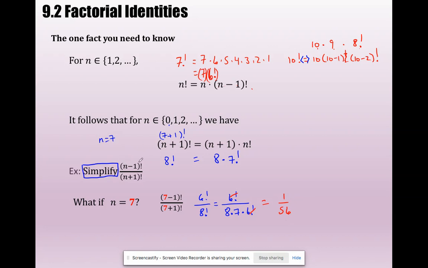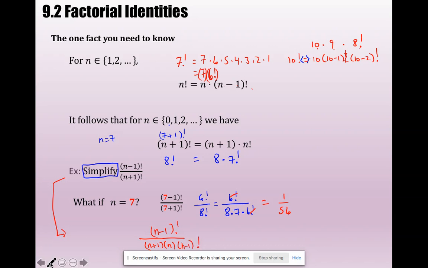So how does that work for n minus 1 factorial over n plus 1 factorial? Well, n minus 1 factorial over n plus 1 factorial. Remember, n plus 1 factorial can be rewritten as n plus 1 times n times n minus 1 factorial.